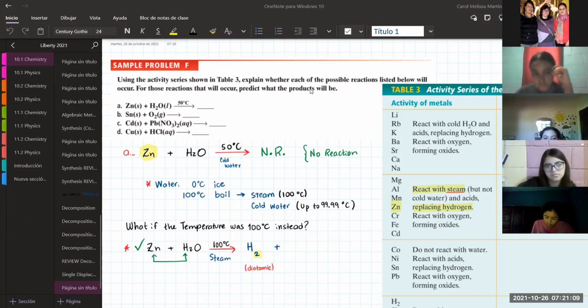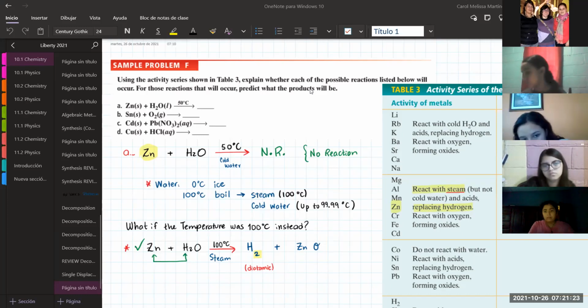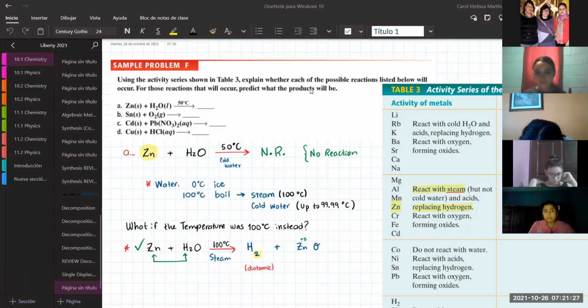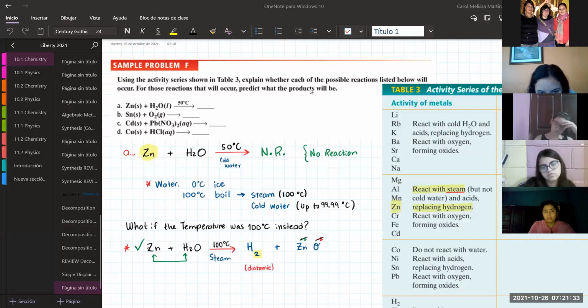So what is the charge of zinc according to the periodic table and what is the charge of oxygen? Zinc is +2 and oxygen is -2. Okay, plus 2, -2. It means that the charges here will be cancelled. So this is the product that is going to be formed.